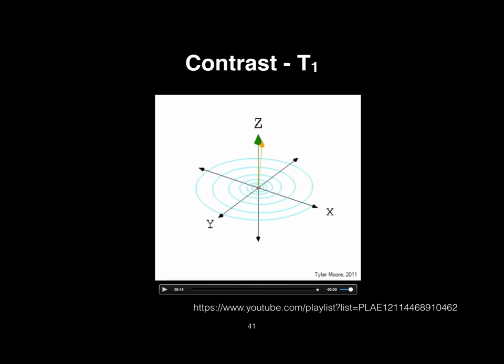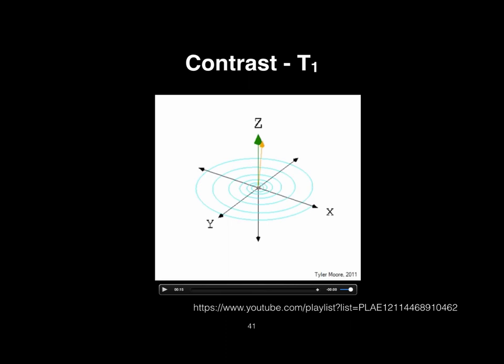A lot of the encoding, a lot of experiments we do, even just some of the basic imaging, you have to repeat certain parts of the process over and over again, varying things a little bit each time. And they all depend on having signal available to you to detect. And the amount of signal that you detect is primarily determined by the T1 of the tissue. If you have tissue with a really long T1, then you have to wait a longer time for it to recover to get back signal that's useful to you.